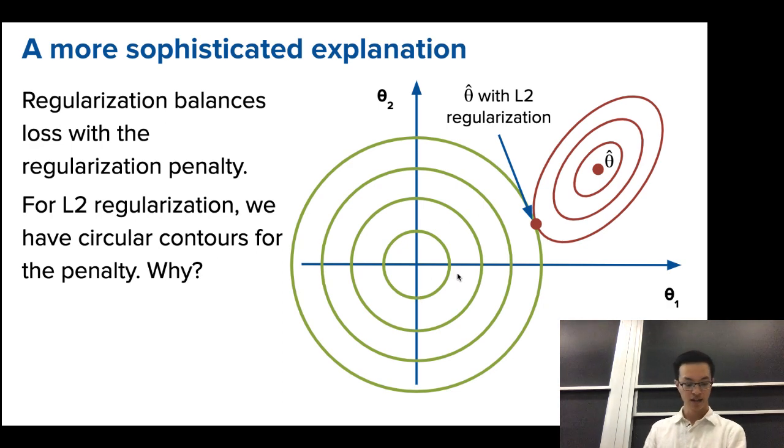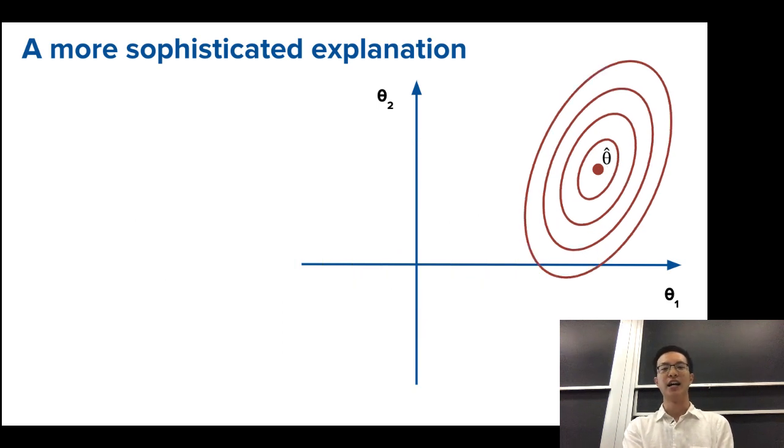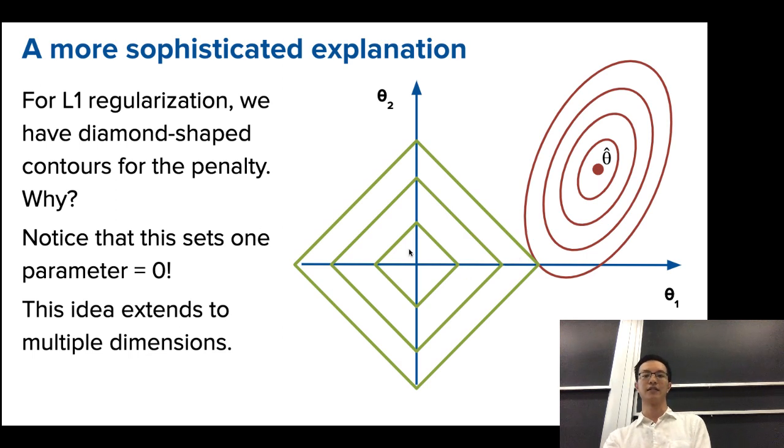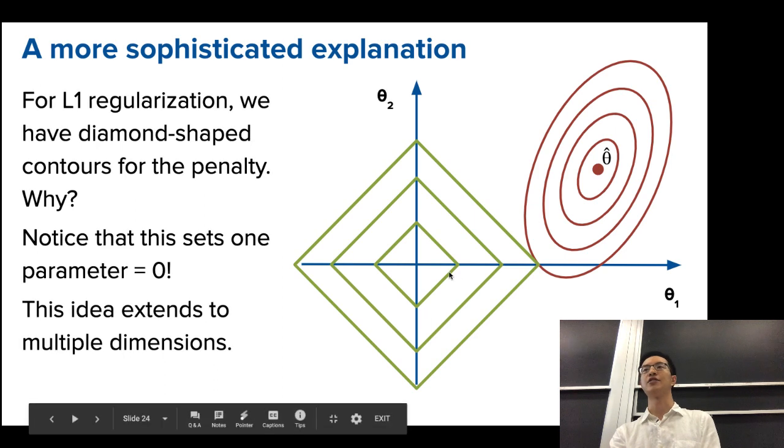Okay. Now, for L1 regularization, I don't have circles anymore. I have diamond-shaped contours. Okay, so these are the contours for L1 regularization. And the reason why these are the contours is because I'm summing together the absolute values of theta1 and theta2.